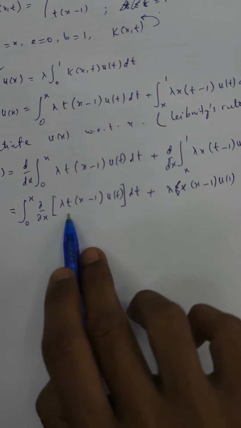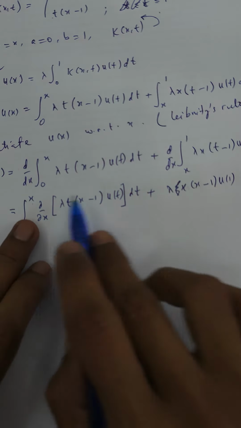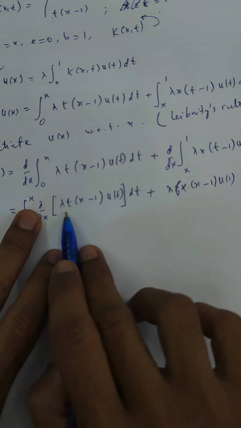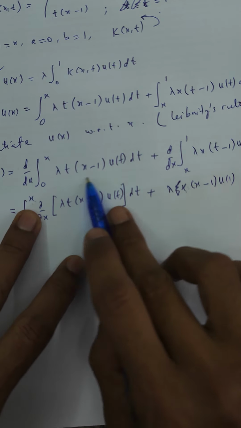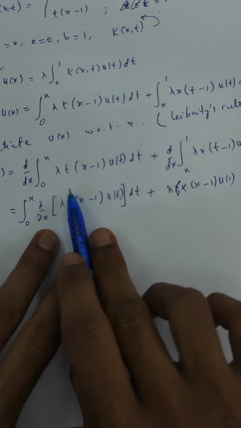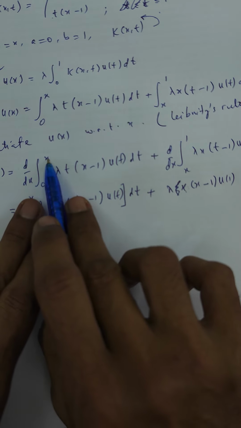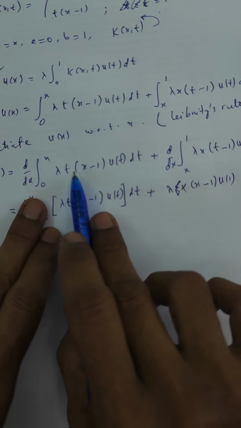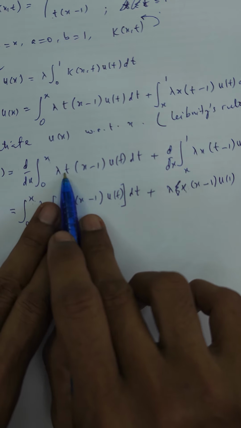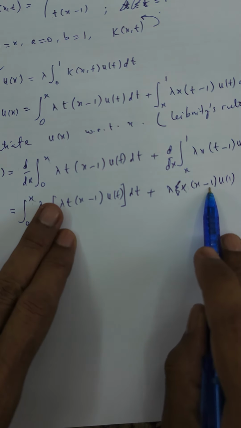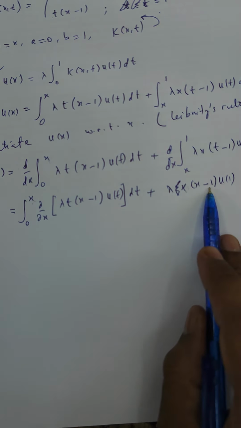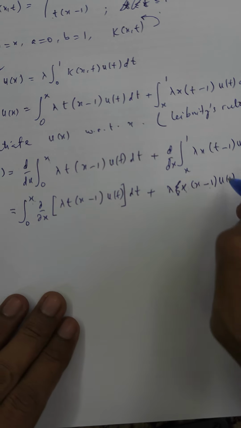We have t. Okay, so t is equal to x. So this is x. This is our term. That's what we differentiate with respect to x, and then the next, if we evaluate at the upper limit x, we have lambda x, we have lambda x minus 1 u x.